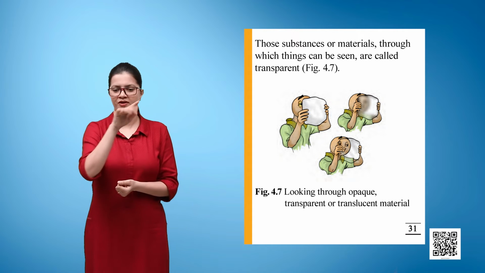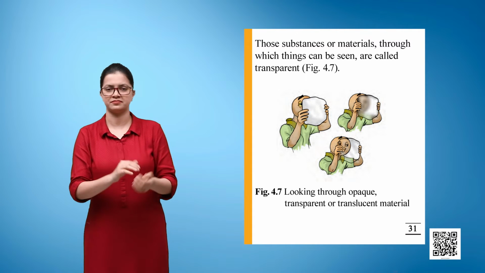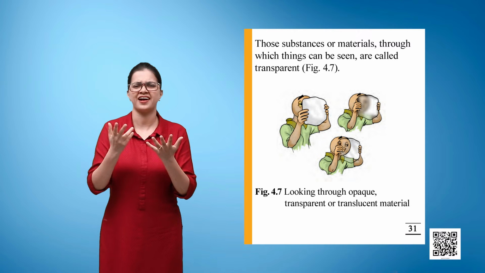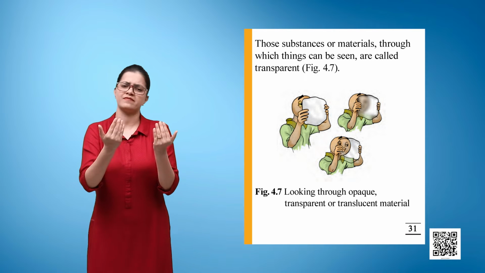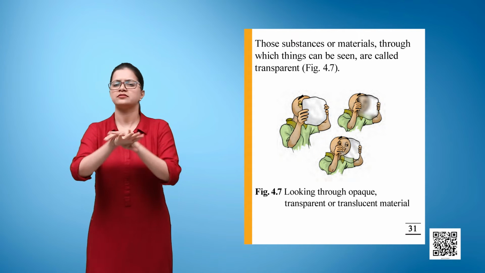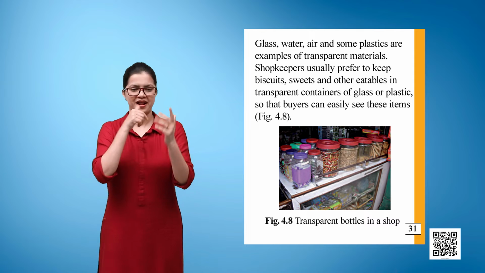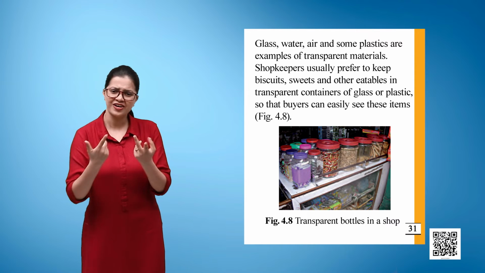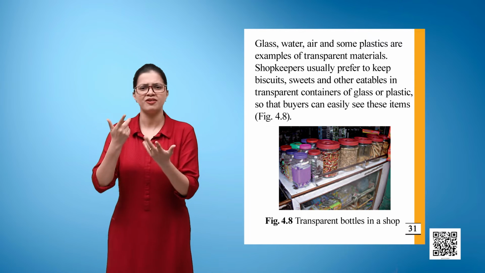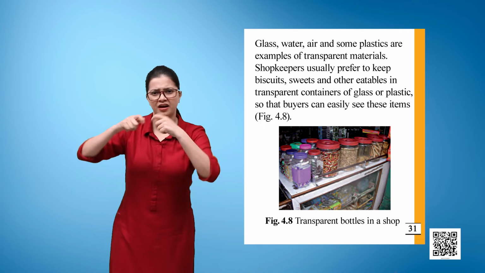Figure 4.7, which shows looking through opaque, transparent or translucent material. Glass, water, air and some plastics are examples of transparent materials.